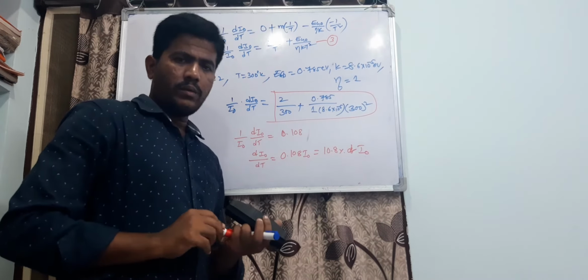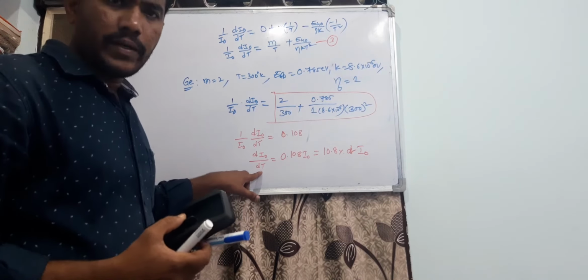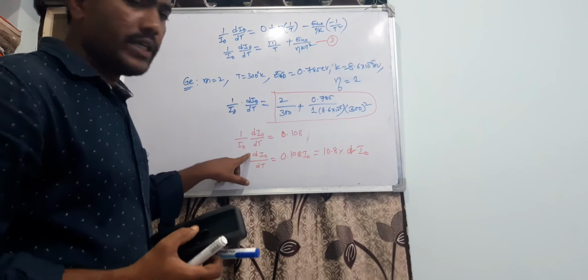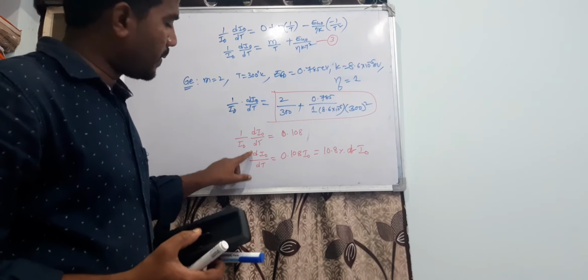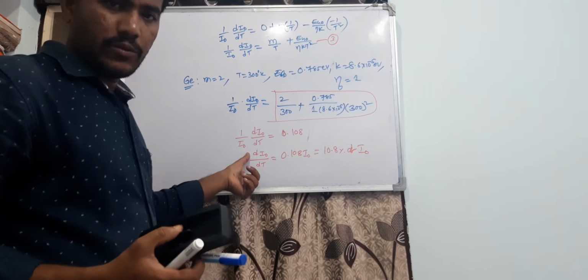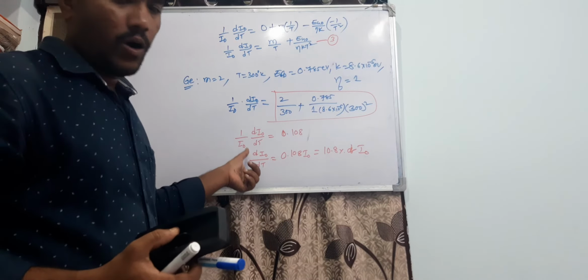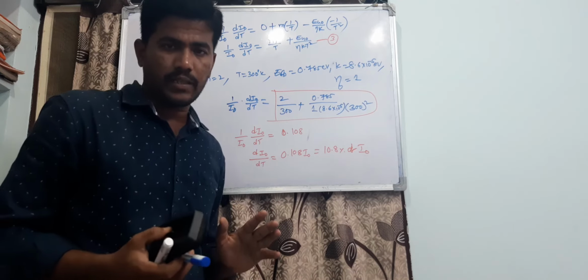The important point to conclude here is that I am taking the derivative with respect to temperature, so if I increase the temperature, the derivative also increases. That's why when the temperature is increased, the reverse saturation current will be increased. How much will it increase? 10.8% of I0.